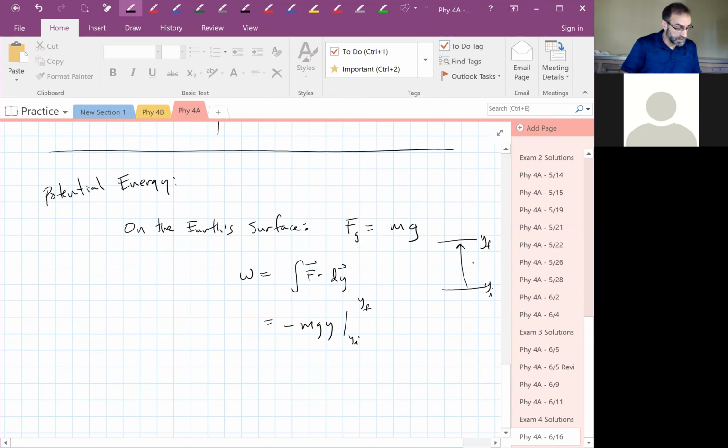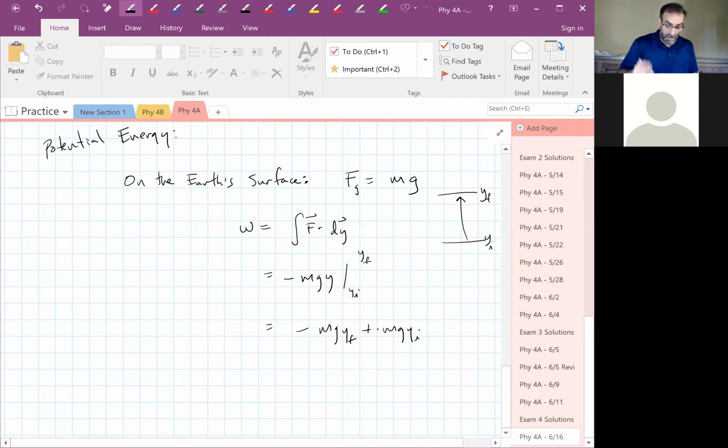Gravity points down, we're going up, the dot product. So we get this, and what we say is that this, let's let this equal U_G. And that means that we always get negative delta U for the work done.